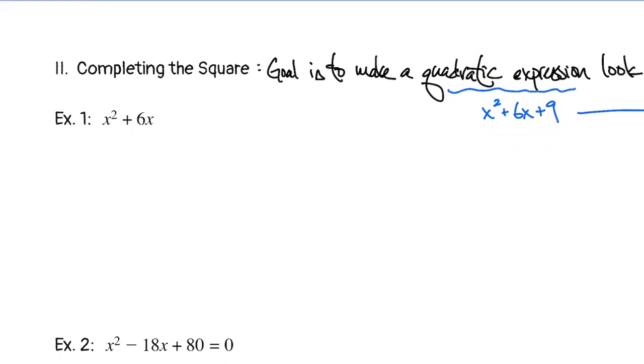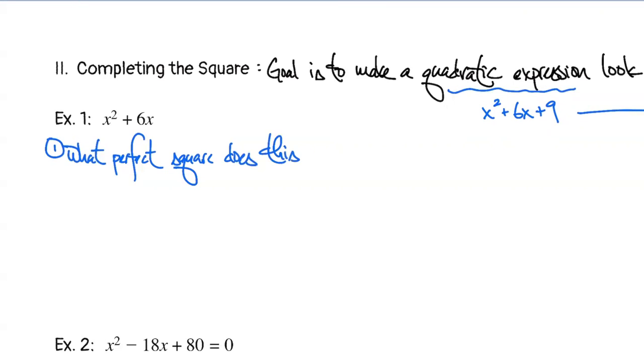The first question I want us to think about is, what perfect square does this look like? The key here is it looks almost like a perfect square, but not quite.